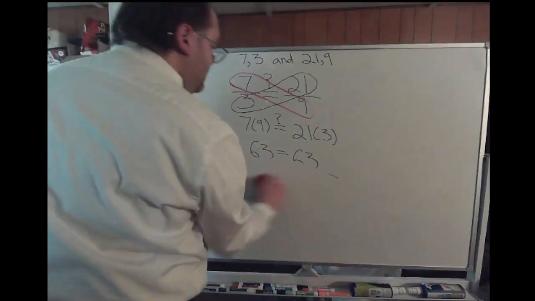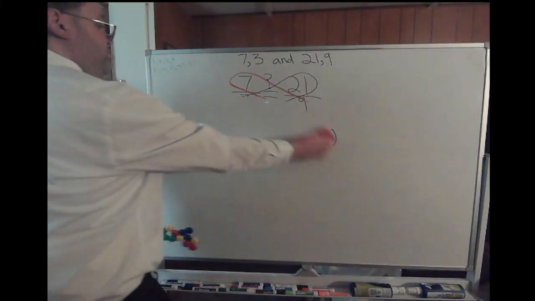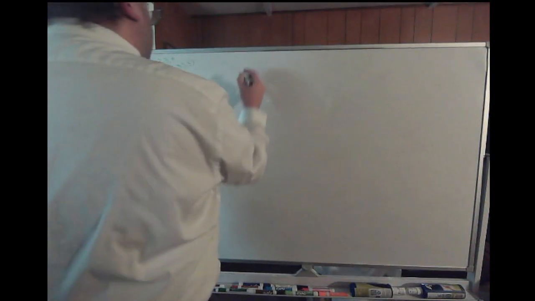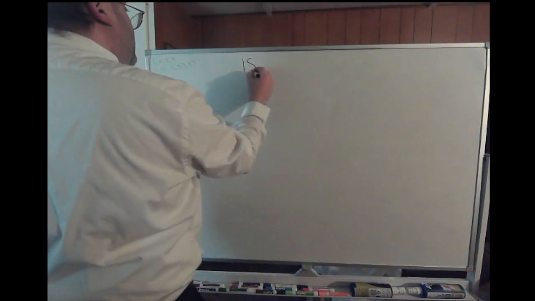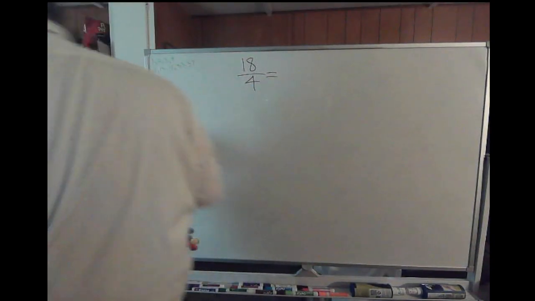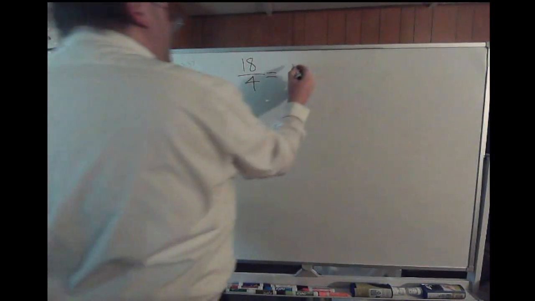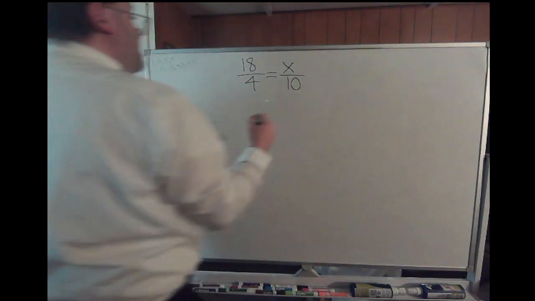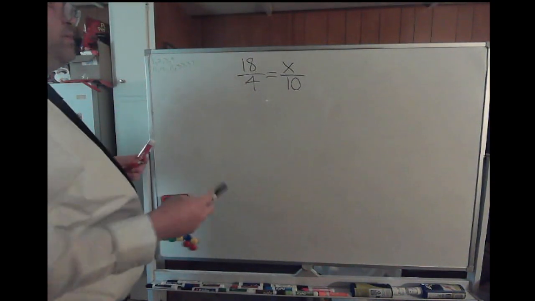Now we're going to throw in a little bit of algebra with this, with a variable. You'll see some proportion problems here. For example, you'll have 18 and 4 equal to x and 10. Well, we have a missing number x that we don't know.